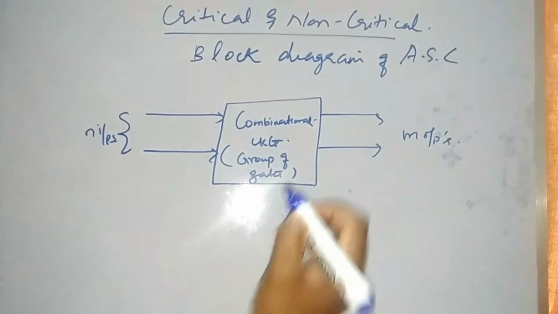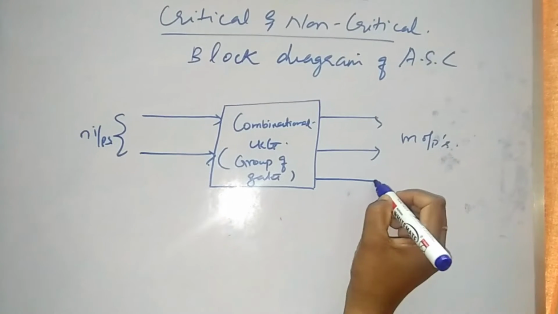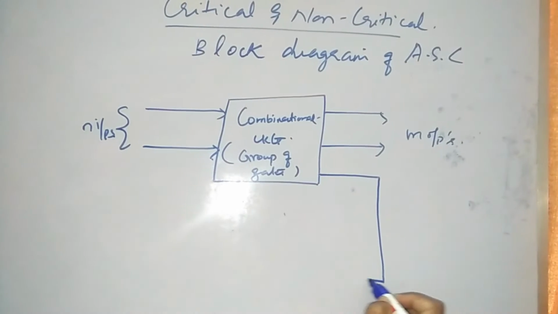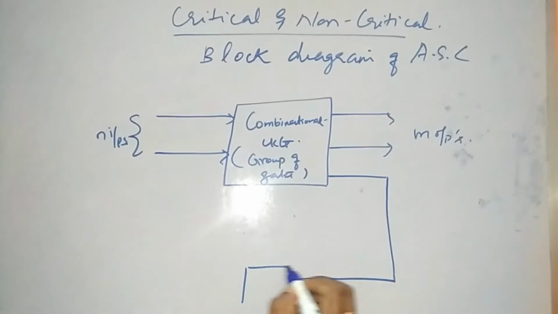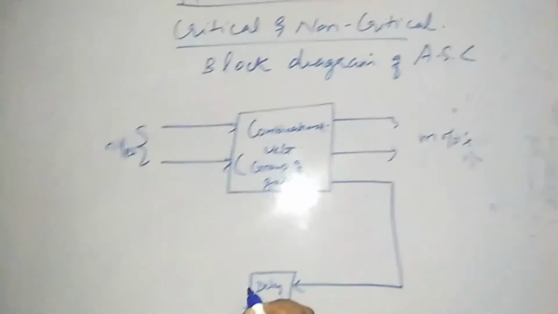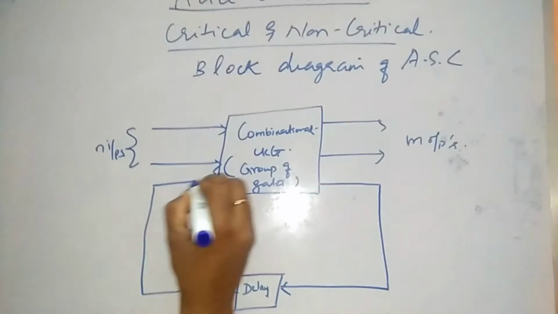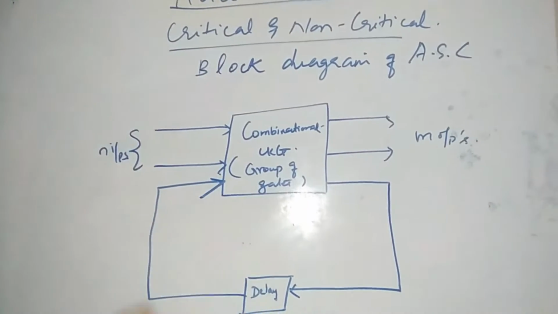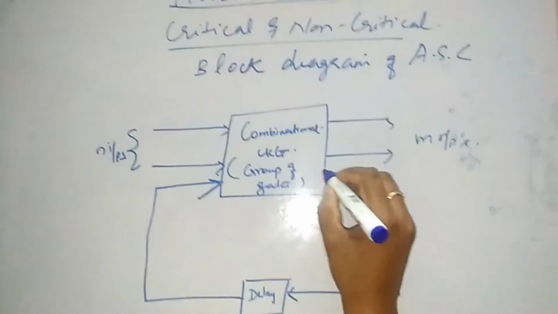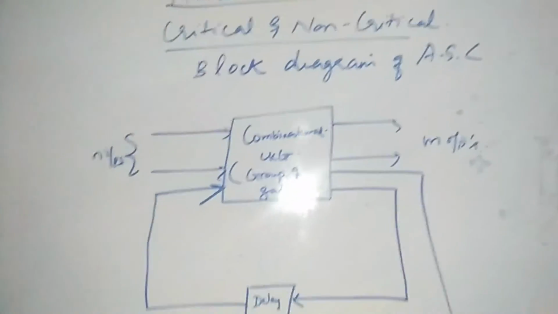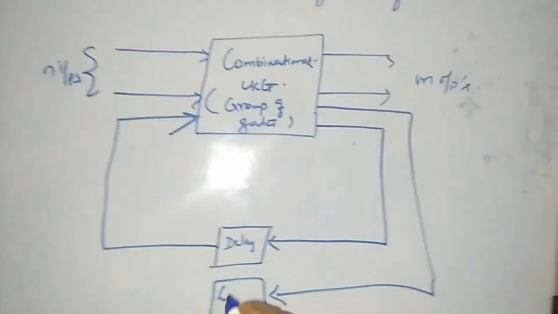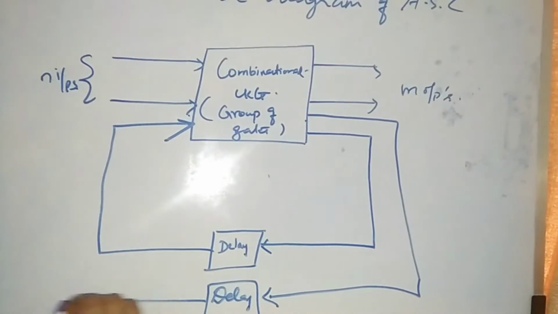Apart from this, let me consider something as the excitation variables, which has a delay element. It is a sort of feedback which has a delay element and which will be fed back. So this is the excitation variables. Let me consider one other excitation variable which consists of a delay element and will be fed back, right?